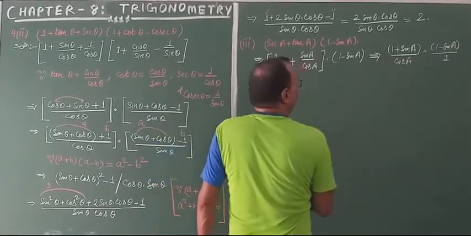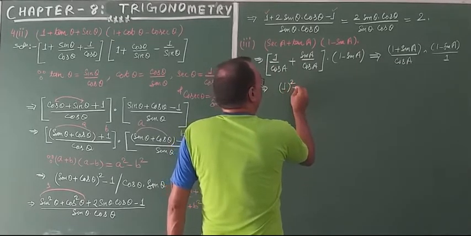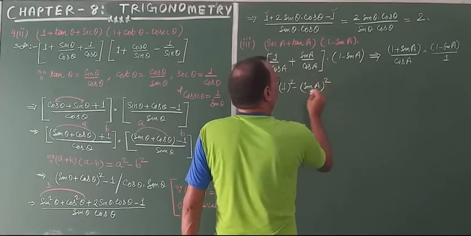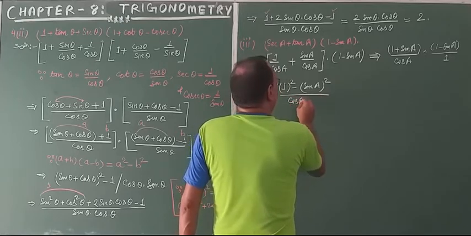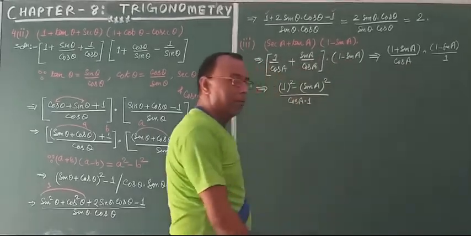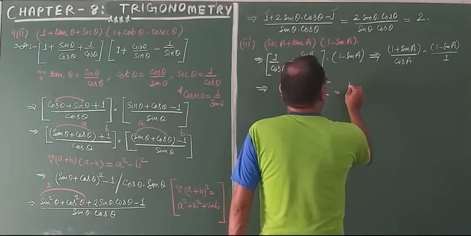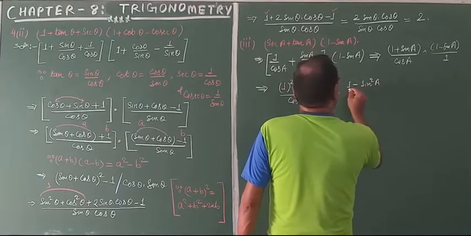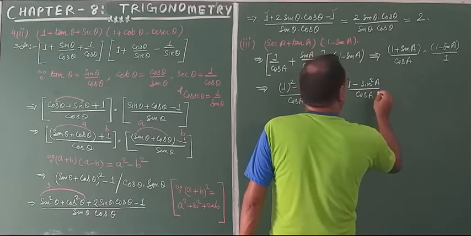A plus B into A minus B, that is A square minus B square, and in the denominator there is cos A multiplied with 1. Both the denominators will be multiplied. 1 square is 1, sin A whole square is sin square A, upon cos A into 1 is cos A.